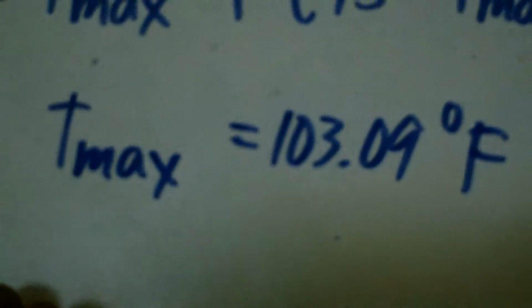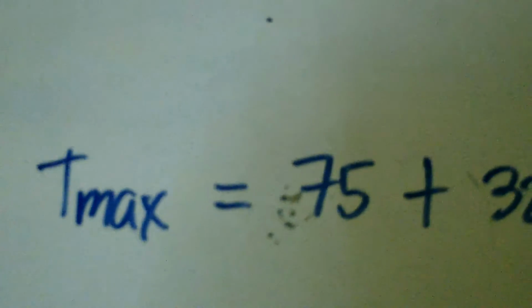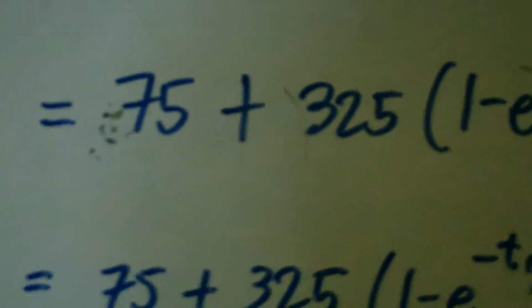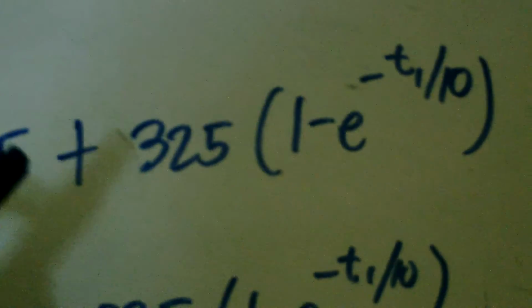And now we can solve for T1. Let's go back to the previous equation, T max equals 75 plus 325 times 1 minus e to the negative T1 over 10.